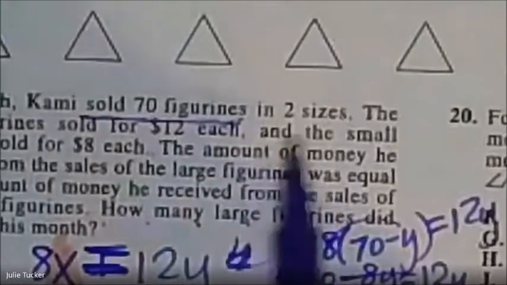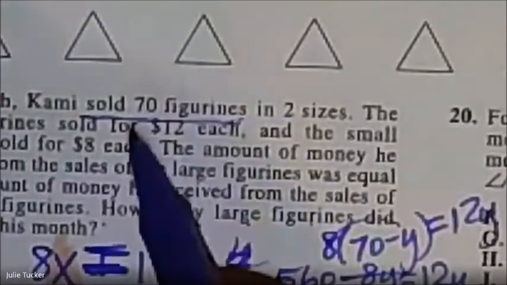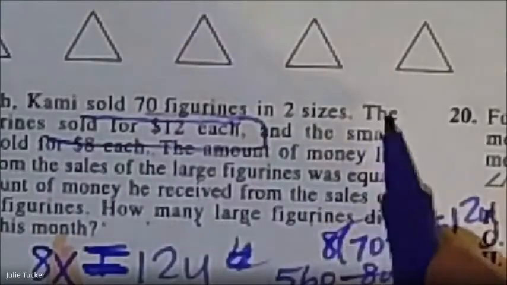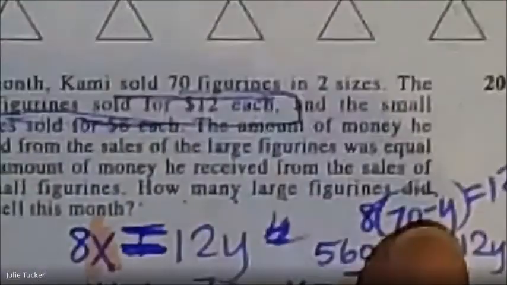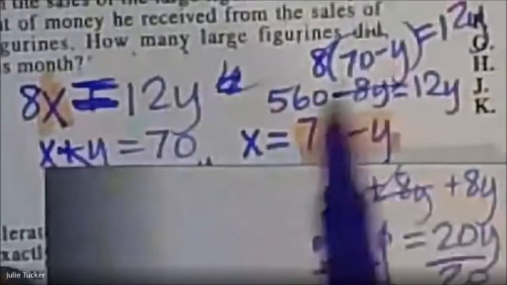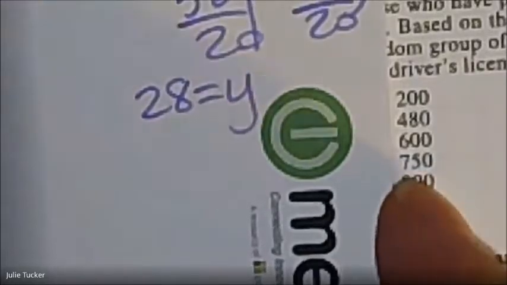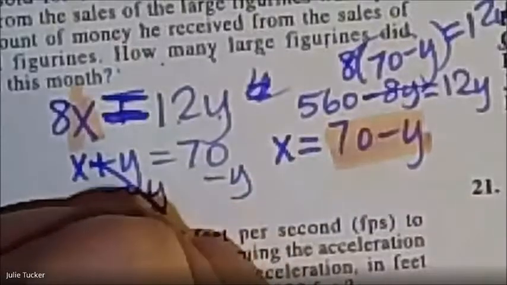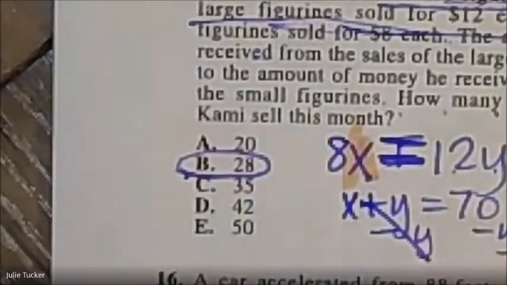So the large ones sold for 12. Okay. So the $12 ones were the y's, and we just solved for y. So we're actually done. We don't have to plug back in and get x. So the answer is, oops, the answer is B, 28. Okay?